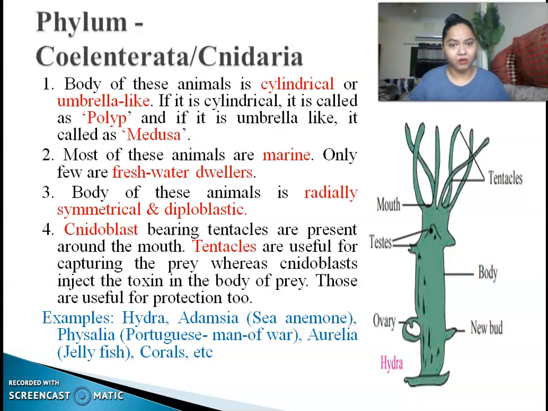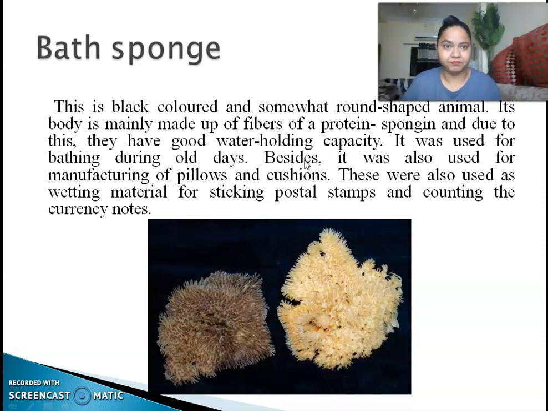And that is how they use the cnidoblasts and the tentacles not just for eating but also to protect themselves. The classic example of Cnidaria is Hydra, while corals are also found under this category.